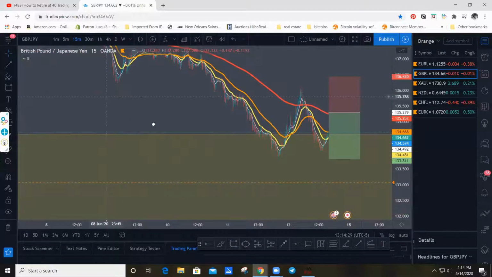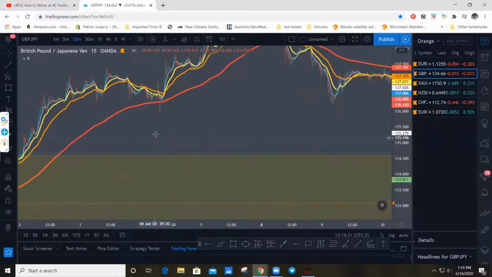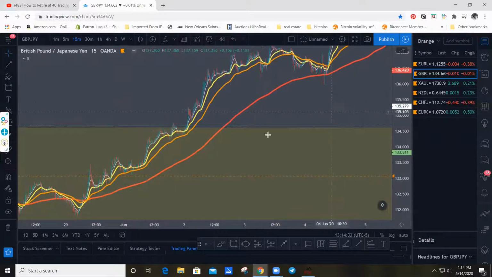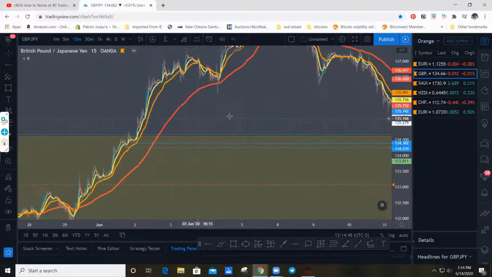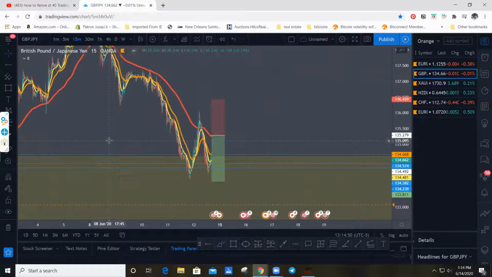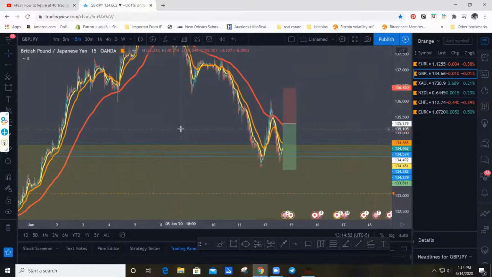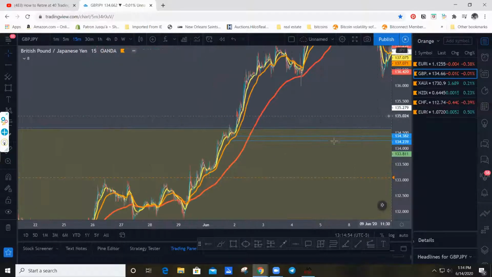There's a structure right here. The next structure would be down here.